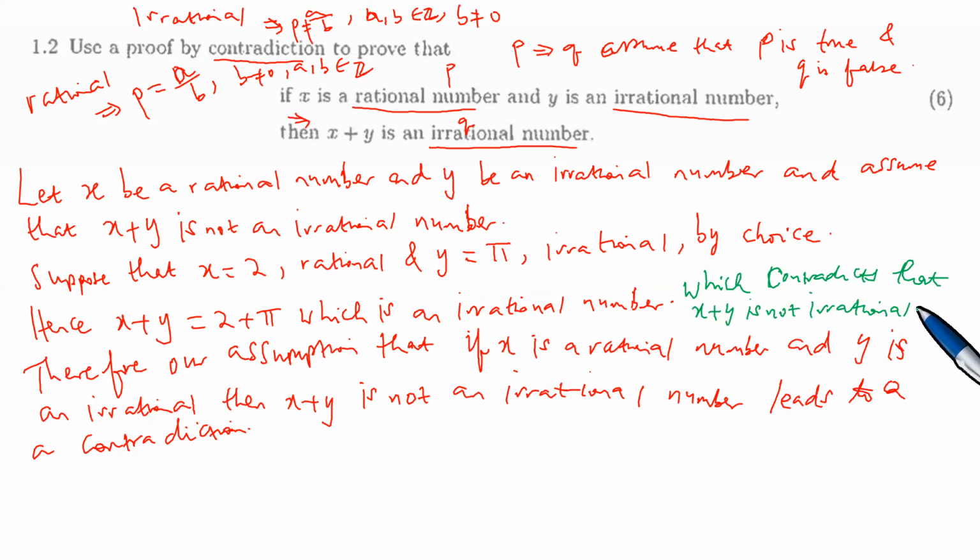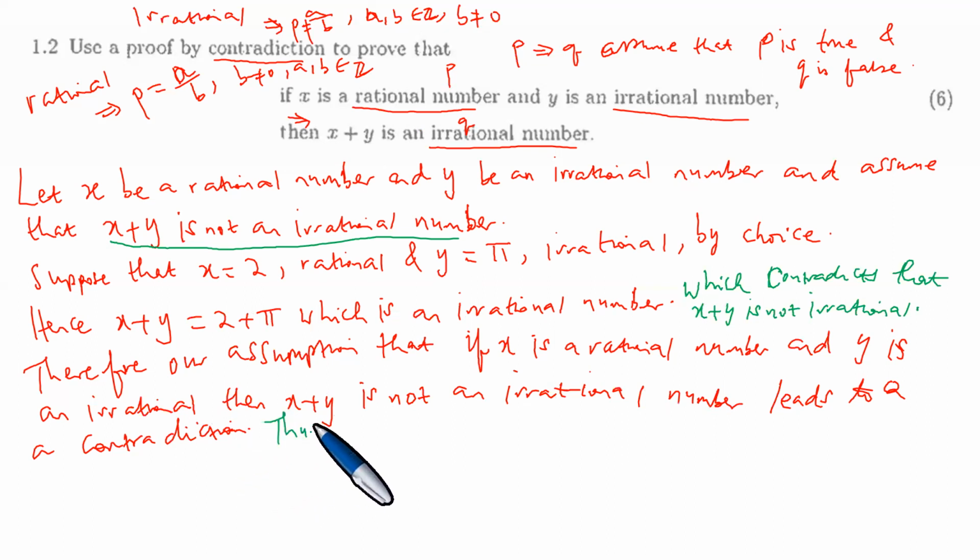That is what we get, because we said that x plus y is not irrational. So the assumption that if x is rational and y is irrational, then x plus y is not an irrational number leads to a contradiction.